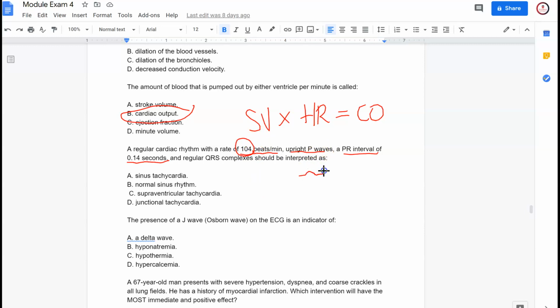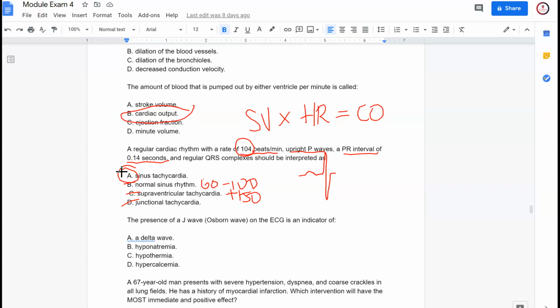PR interval is 0.14, which is fantastic, and a regular QRS, so this is looking kind of sinusy. So that means it's not a normal sinus, that's between 60 and 100. Supraventricular is over 150. And a junctional tachycardia doesn't have P waves. So A, sinus tachycardia.